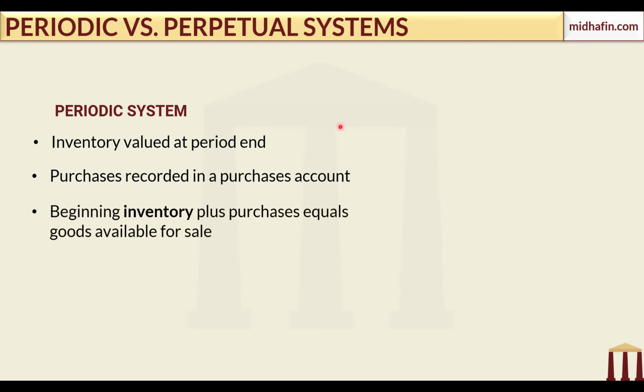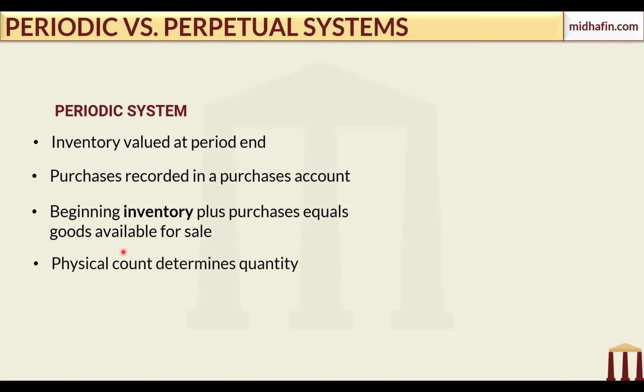Now at the end of the period, when we have to build this table and the asset and everything, we have to just enter the values of the total goods which are available for sale. The beginning inventory plus the purchases equals the total amount of goods which are available for sale, and physical count will determine the quantity.